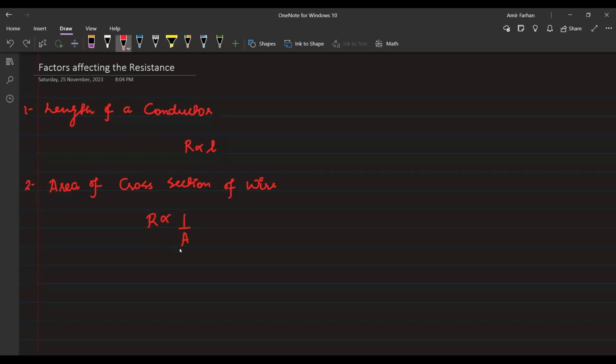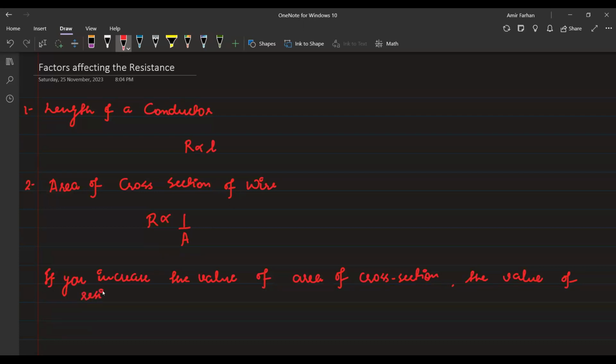And if you decrease the area, your value of resistance will increase. Clear? Yes, sir. Okay.